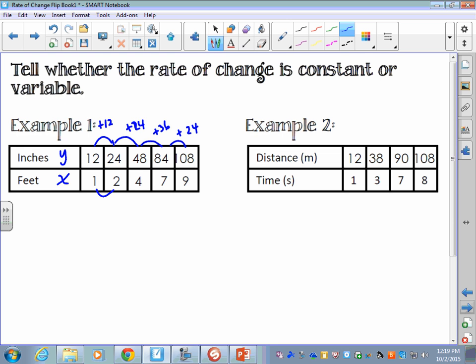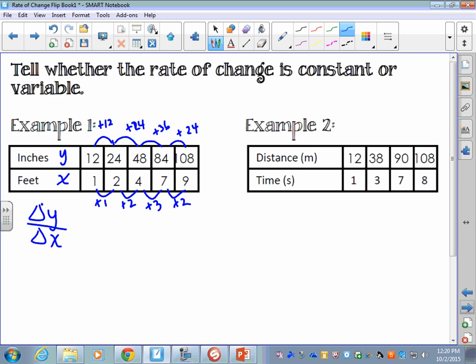Now, here 1 to 2, that's plus 1. 2 to 4, that's plus 2. 4 to 7, plus 3. And then 7 to 9, plus 2. So you first look at the changes in the values in the table. And we're going to look at the change in y over the change in x. We're going to compare them. So let's look at our first one.